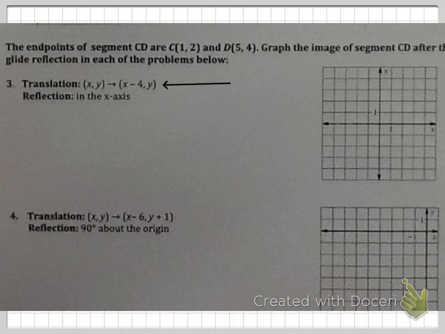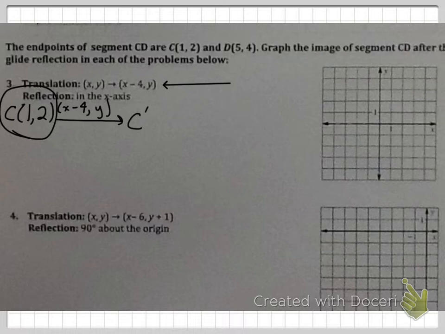So this is the translation first. We'll start off with C, which is (1, 2), and we're going to do (x - 4, y). It's a translation 4 to the left, but no up or down, right? So then you get (-3, 2), because 1 minus 4 is -3, and the y stays the same.